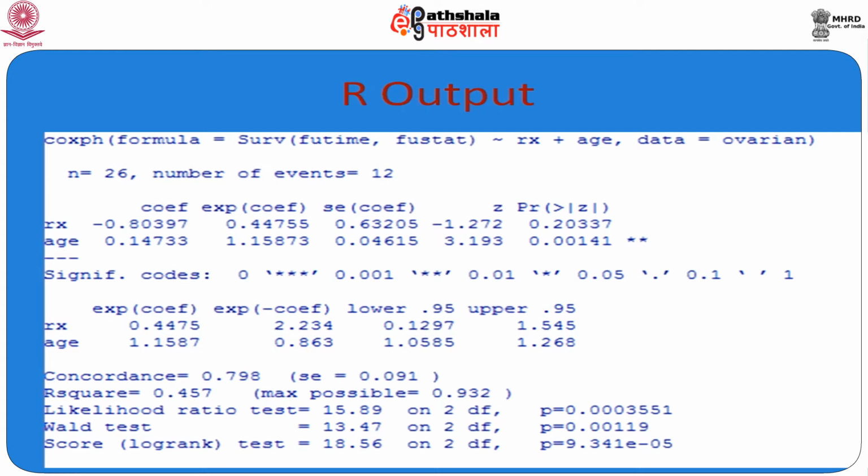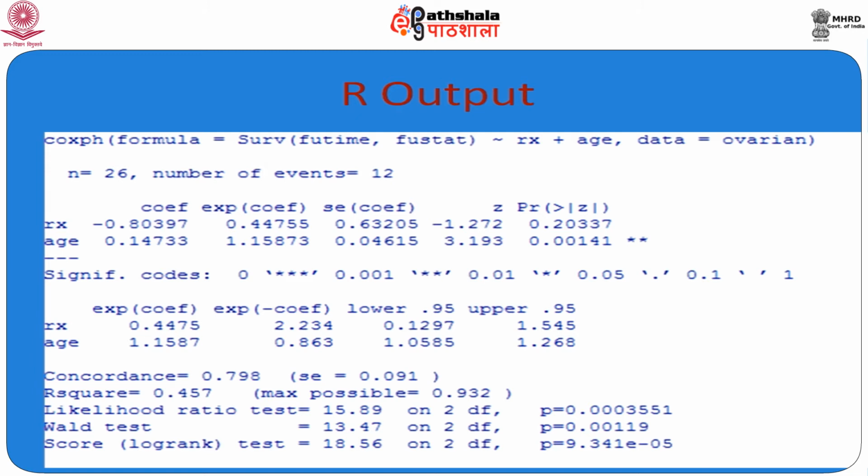Correspondingly, if we go to the last columns of this result, before the last column is the Z statistic, the Z test value. The p value is the last column, which is 0.20337 for Rx and 0.001441 for age. So the p value says that age has a significant influence on the status of these patients.